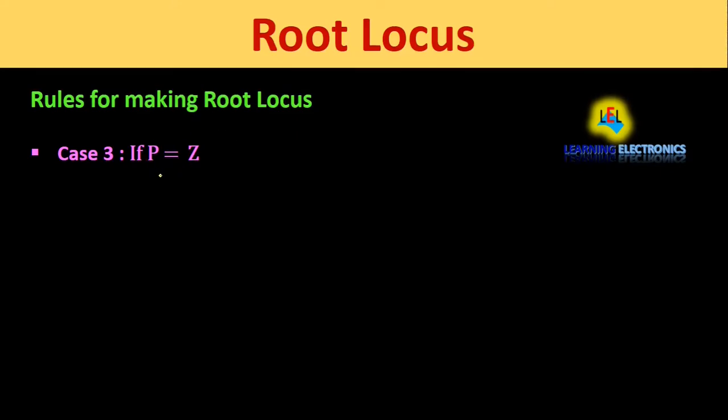So here since the number of poles is equal to the number of zeros, we are taking p is equal to z is equal to 4. So in this case, the number of branches in the root locus will be n is equal to 4. Since here p is equal to z is equal to 4, we always have to start the branches from the location of poles, and end the branches at the location of zeros.